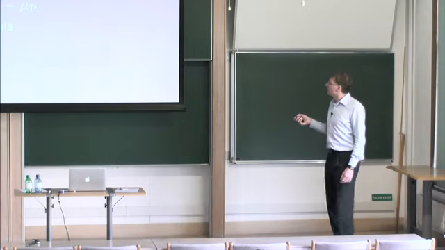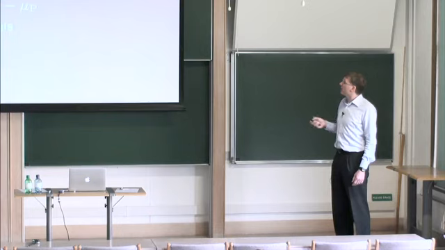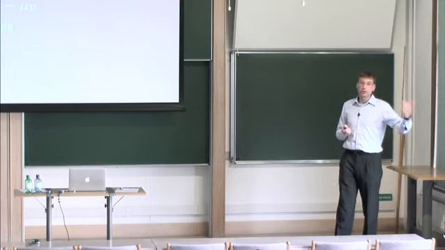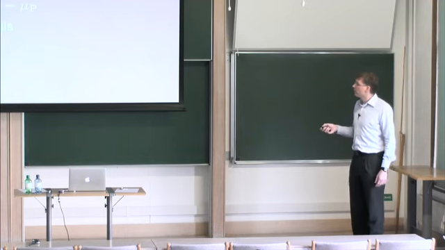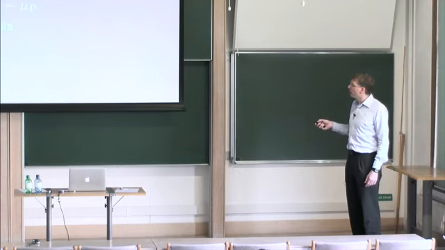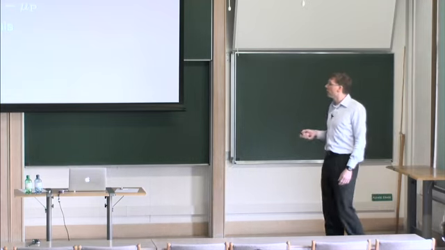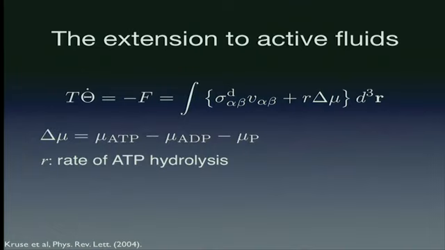product. And here, R is the rate of ATP hydrolysis, so it's the rate at which the reaction occurs, times the difference in chemical potentials of ATP, ADP, and inorganic phosphate. So if this one is different from 0, then you will drive this reaction and you will have a non-zero rate. Now the interesting thing is that when I express my fluxes in terms of the forces, I can have cross-coupling.